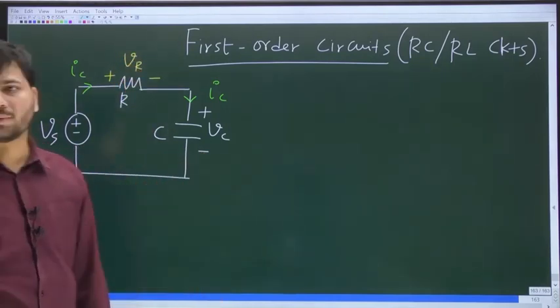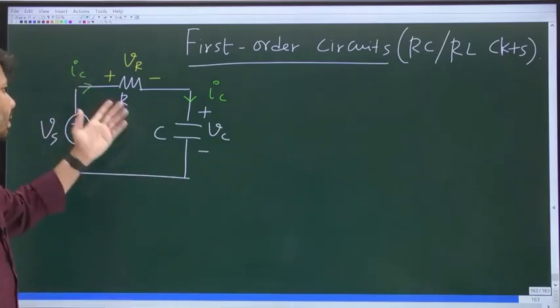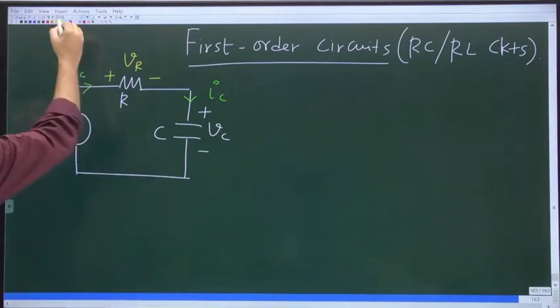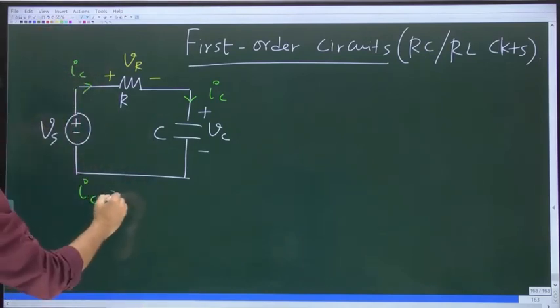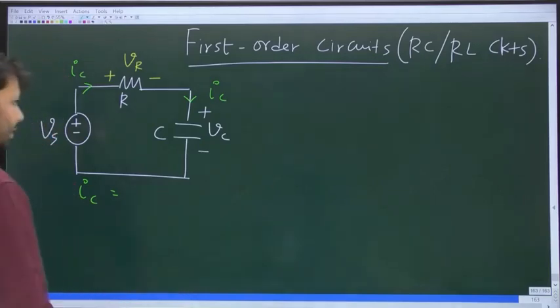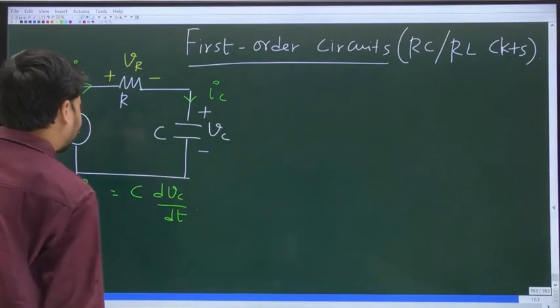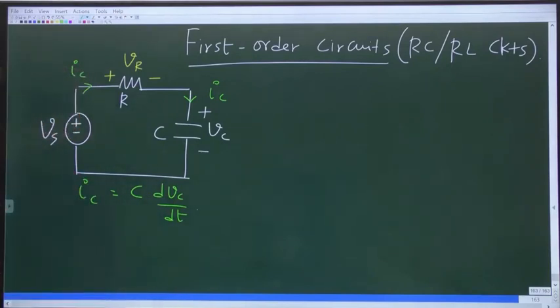So just like Vc is the voltage across the capacitor, VR is the voltage across the resistor. And can't we express the current through the capacitor in terms of the voltage across the capacitor? IC is equal to C times dVc by dt.